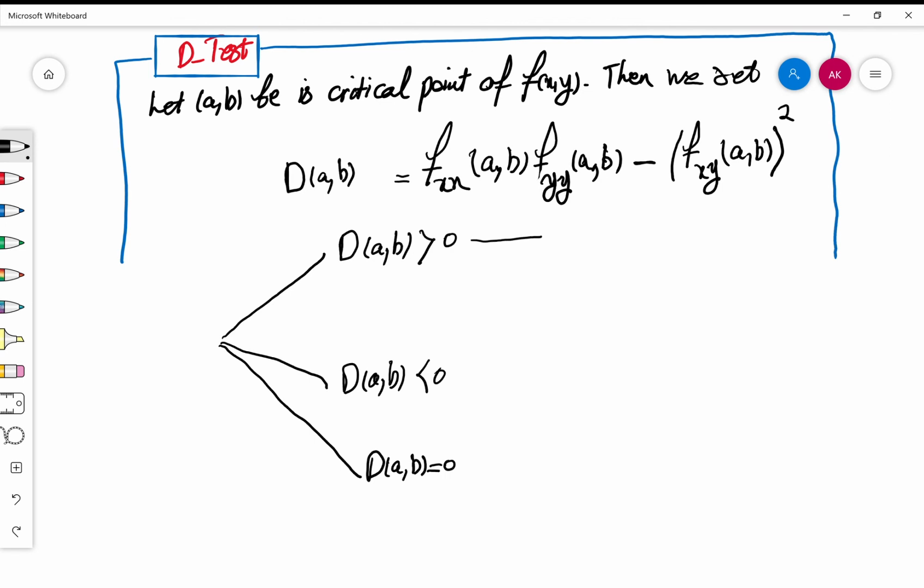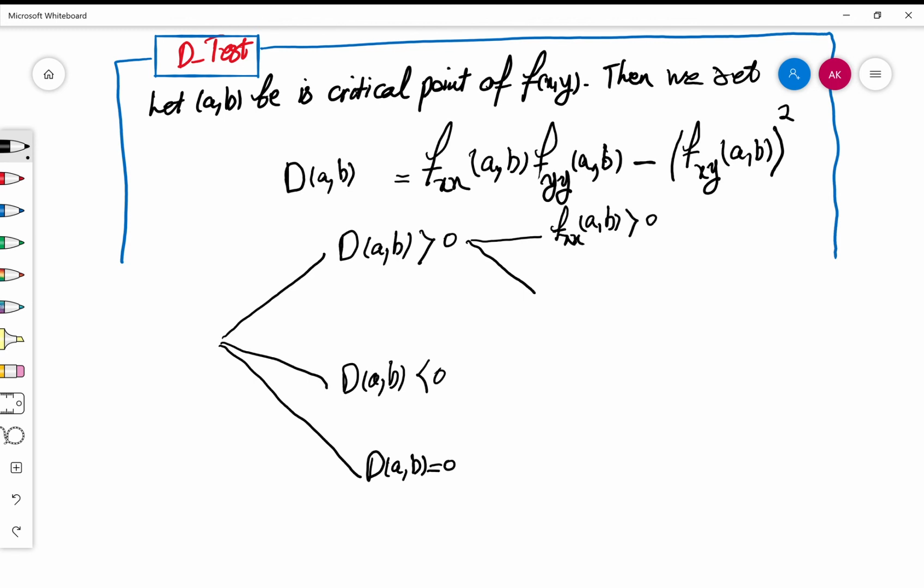So if it is positive, we need to do one more step. That one more step is to check the value of the second partial derivative fxx at (a, b).